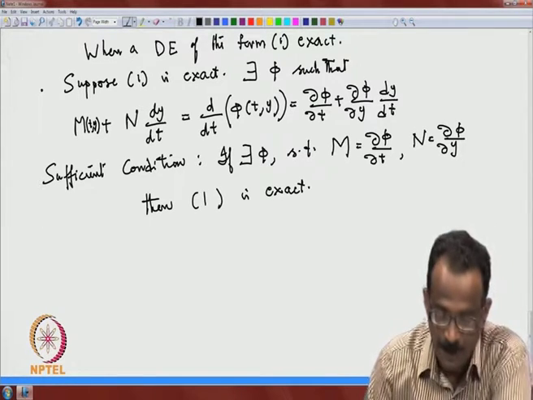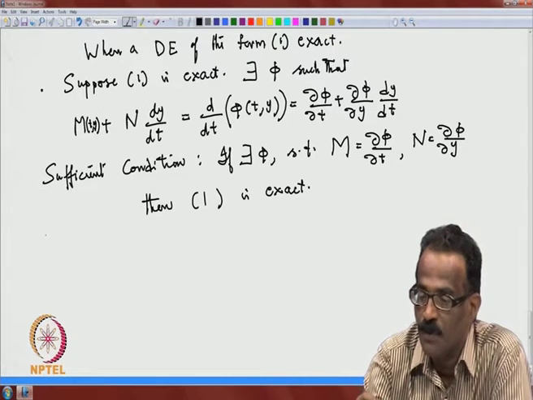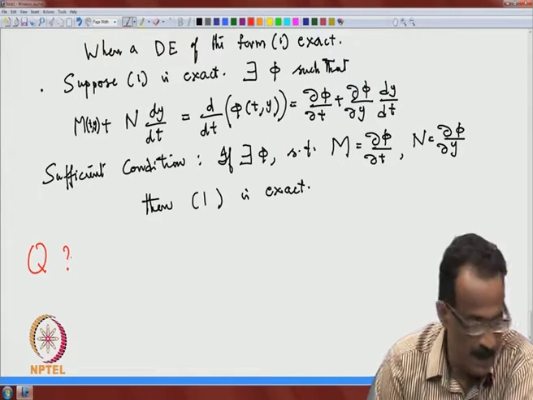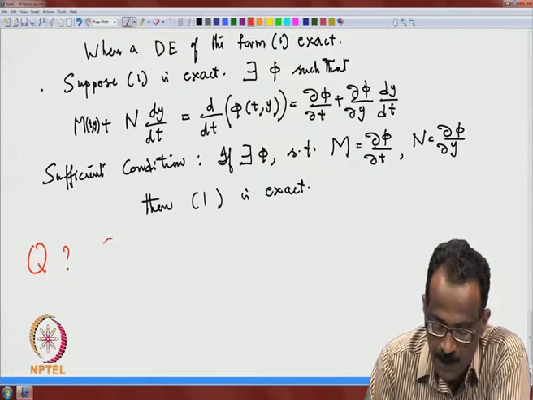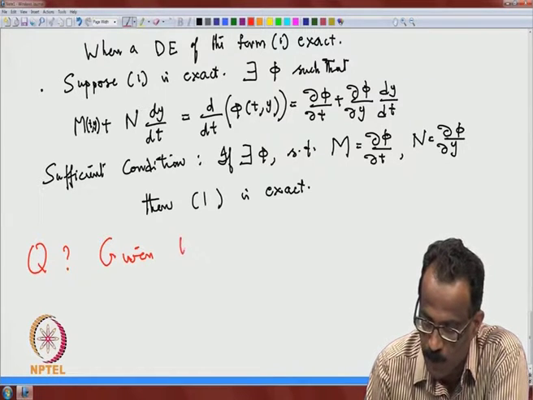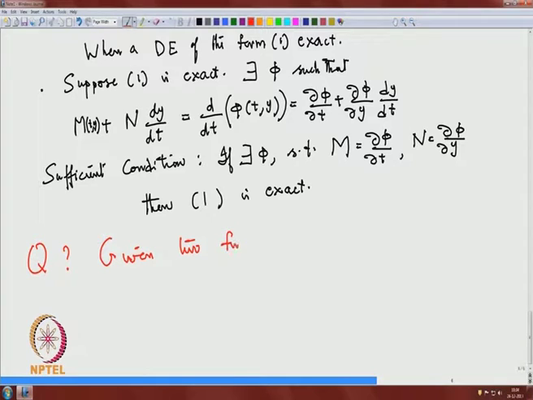So, we want to pose the question now in this form. Question: given 2 functions M and N in 2 variables, M is a function of 2 variables in a domain in the t y plane, N equal to N(t,y).